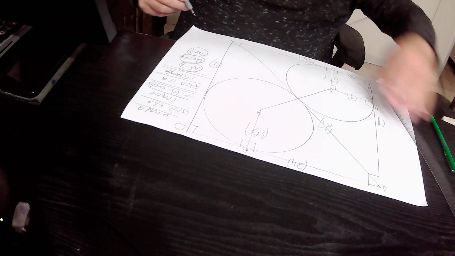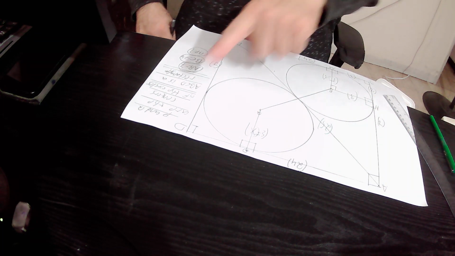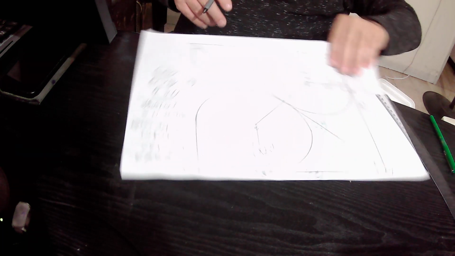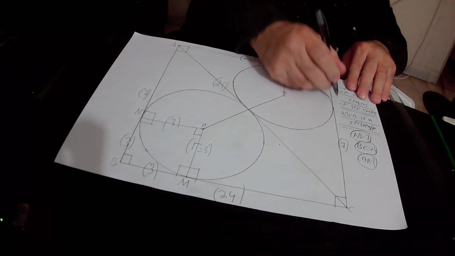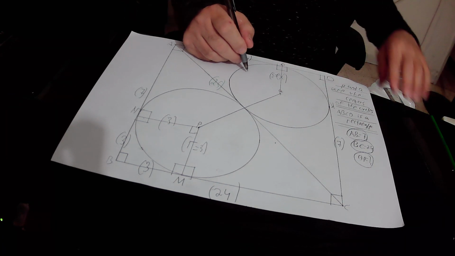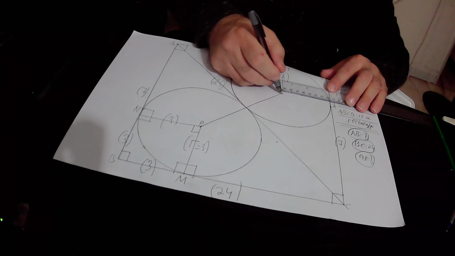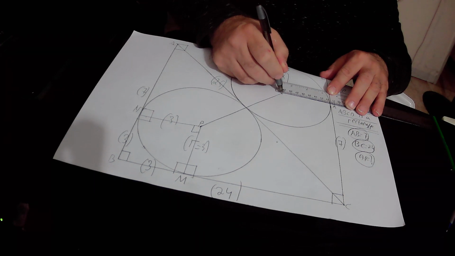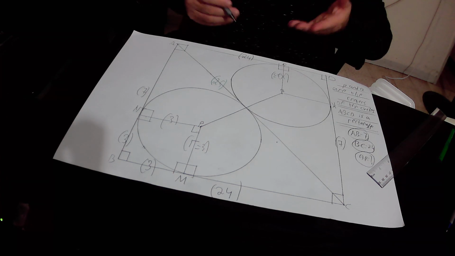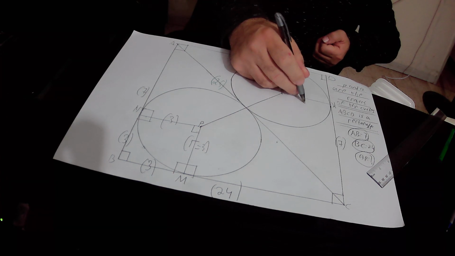We define the point of tangency of tangent DC with this circle as point K. We join points Q and K together by a straight line. So QK is the radius of this circle that is equal to 3 units.